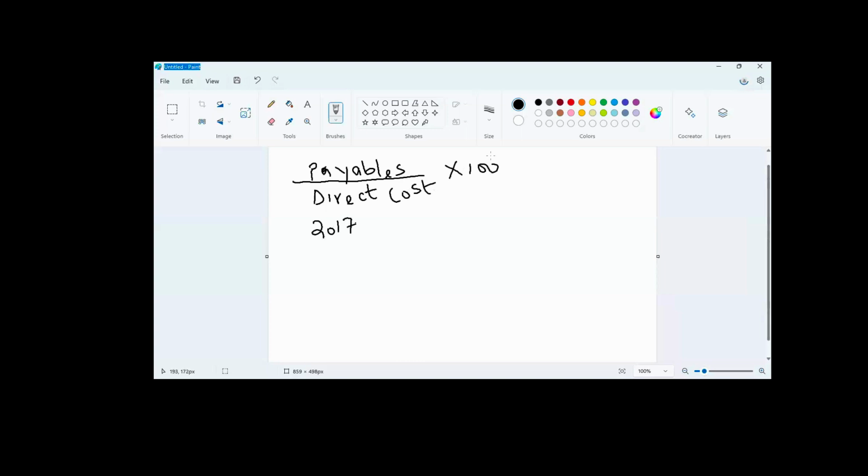2017, our payables figure was 12,900. Our direct cost was 45,600, multiplied by 100. Please find this ratio.